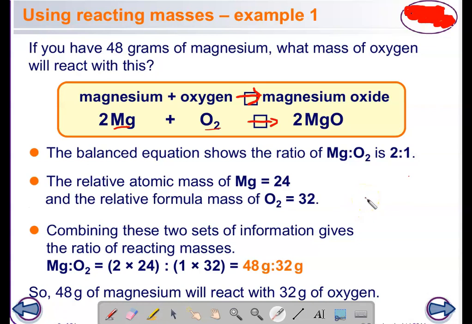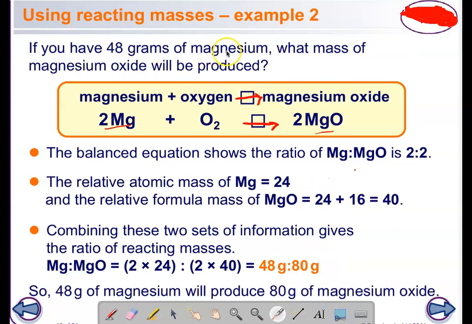Now that we know the number of moles of oxygen is 1, we can calculate the mass of oxygen that we require. Mass from our formula is number of moles times relative molar mass. The number of moles is 1, multiplied by the relative molar mass of oxygen, which is 32. We're going to have 32 grams.